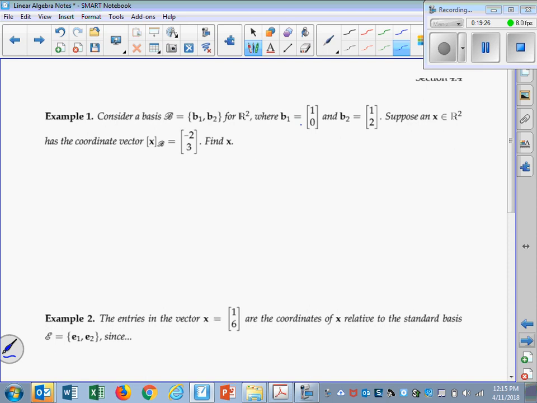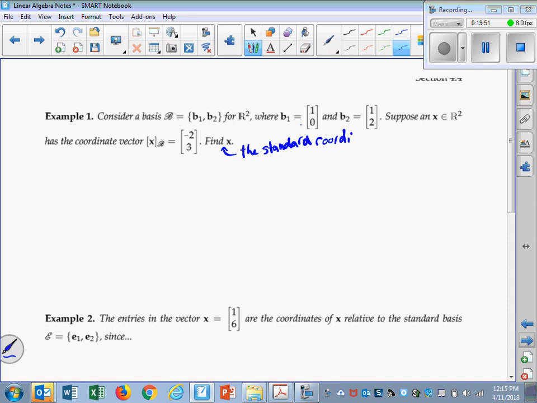Okay, well, let's read what they want. They say, suppose x is in R2 as well, and has the b coordinate vector here is -2, 3. They want me to find the standard coordinates for x. So maybe it would have been good for me to write in here, find the standard coordinates for x.